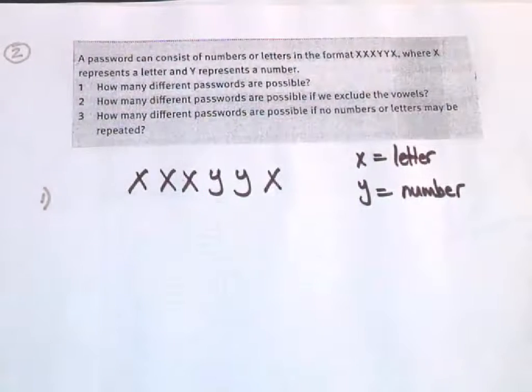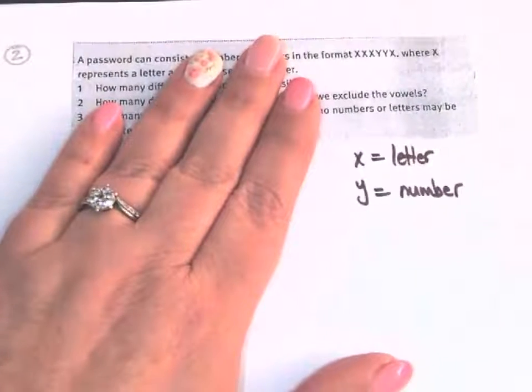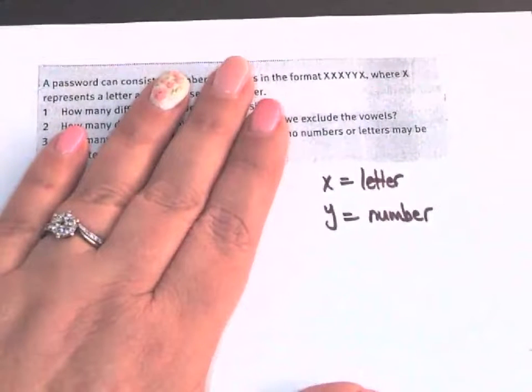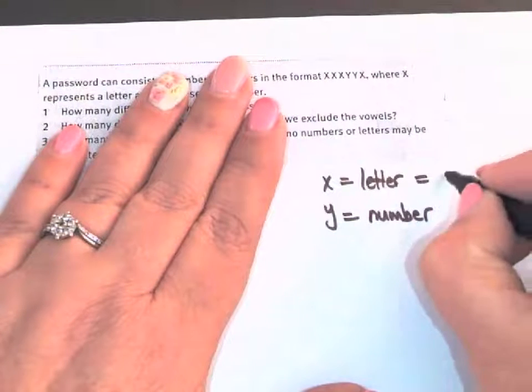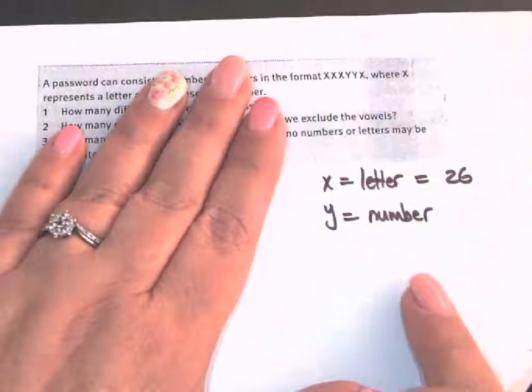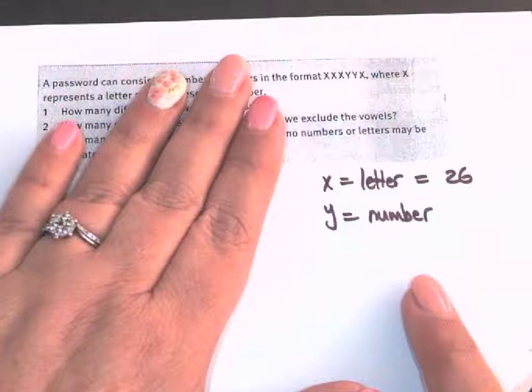Okay, how many letters do we get? 26. How many numbers do we have? 10.